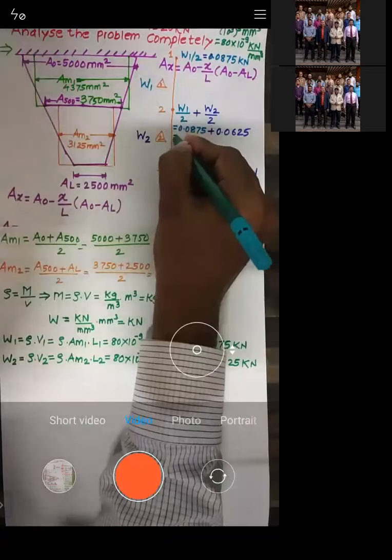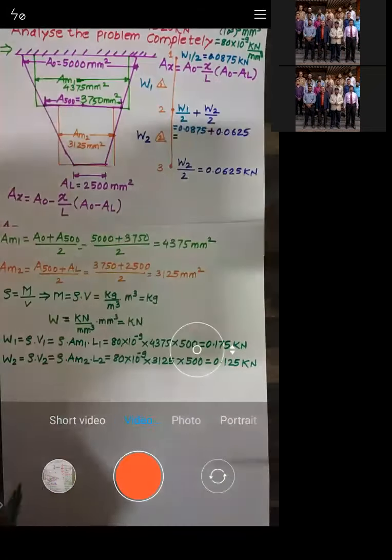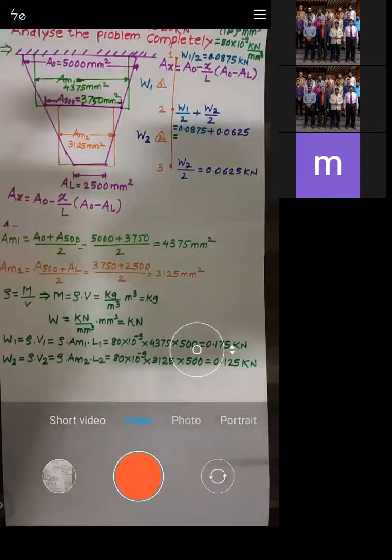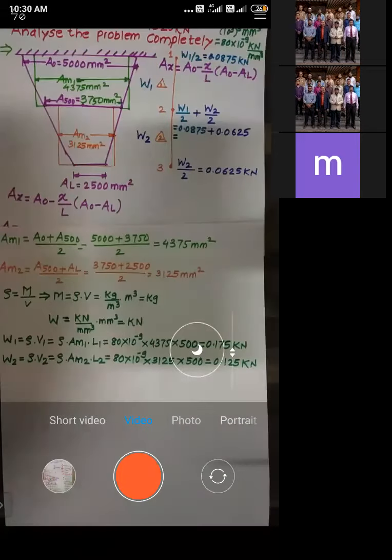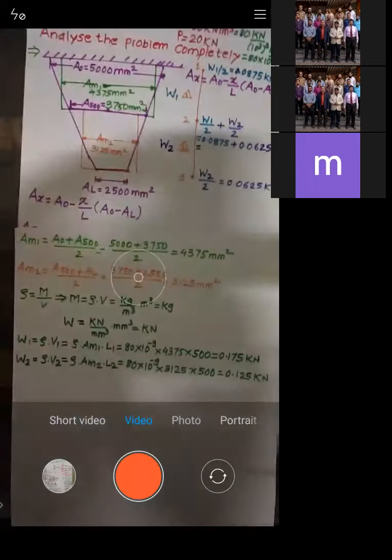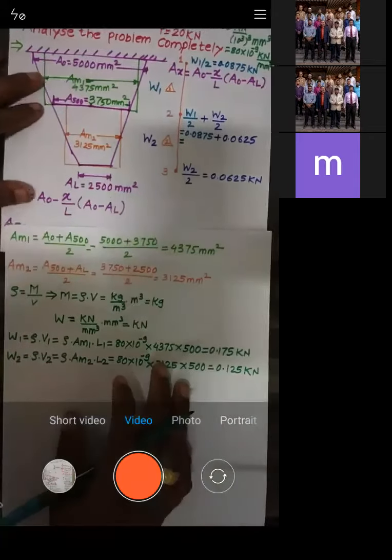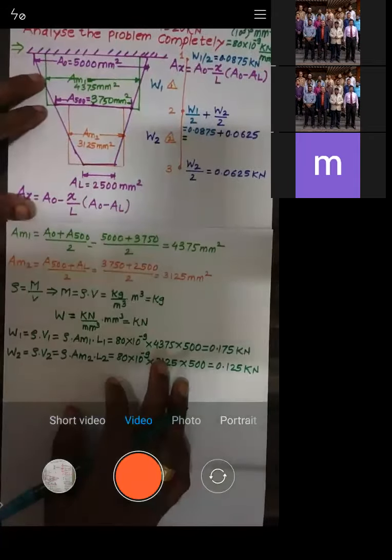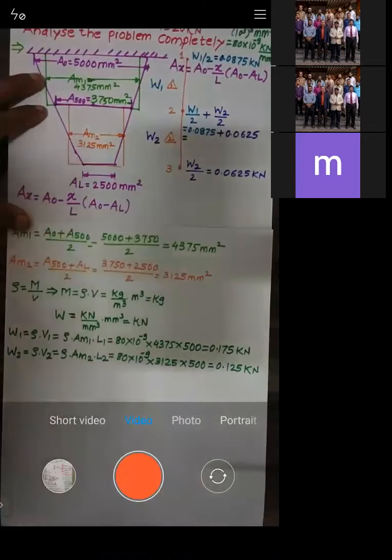Just do this calculation and let me know how much this addition it is coming. Immediately do this addition and let me know what value we are getting. 0.0875 plus 0.0625.